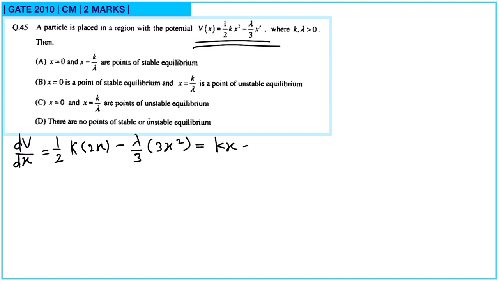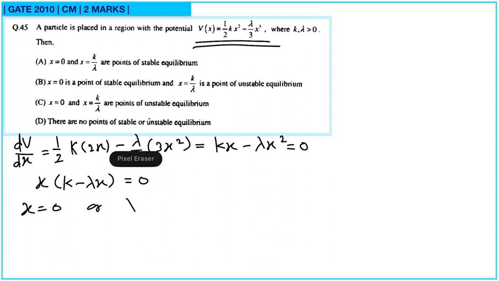So this is kx minus lambda x square. Let's equate it to 0. That will give us kx equals lambda x square. If we take x common, then x times (k minus lambda x) is equal to 0. So either x is 0 or x is equal to k by lambda.